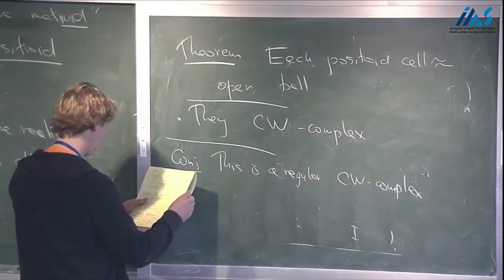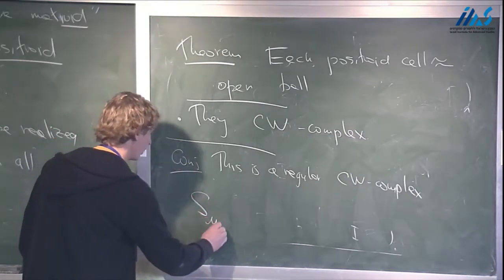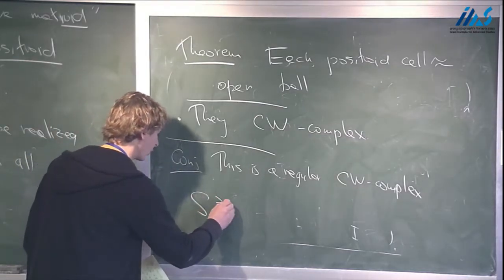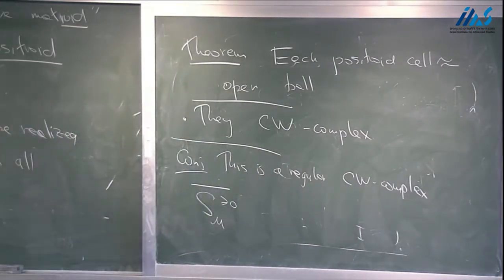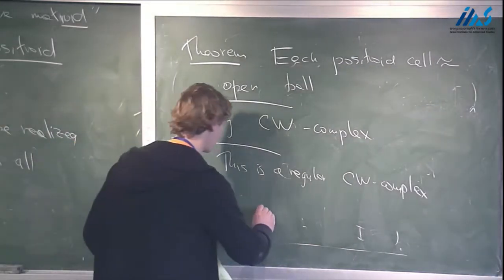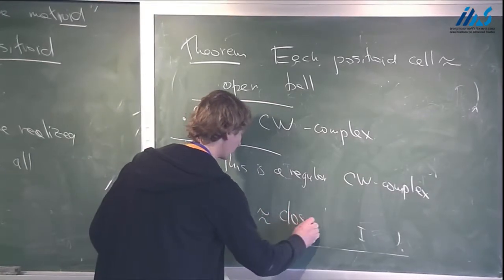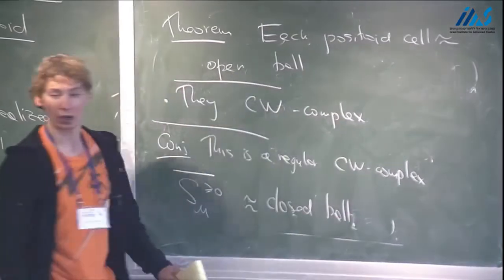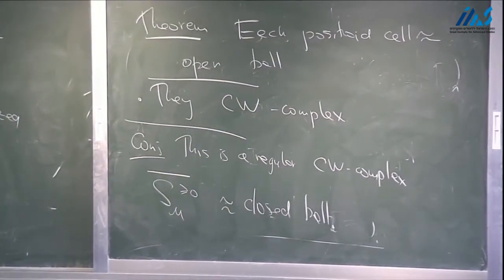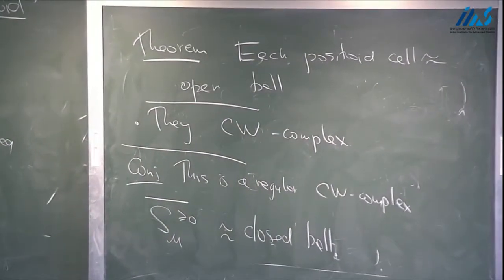In particular, it means that if you take a positroid cell and take the closure of the positroid cell, the Zariski closure, then this is going to be homeomorphic to a closed ball. Like, for example, you have this feature if you have a polytope.